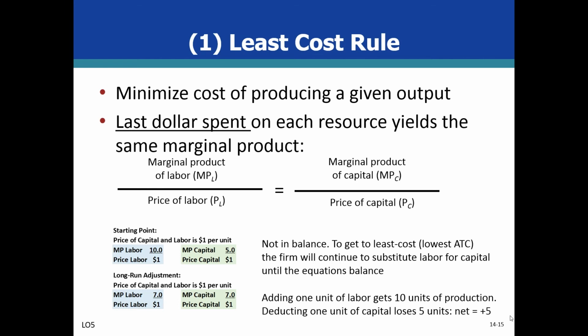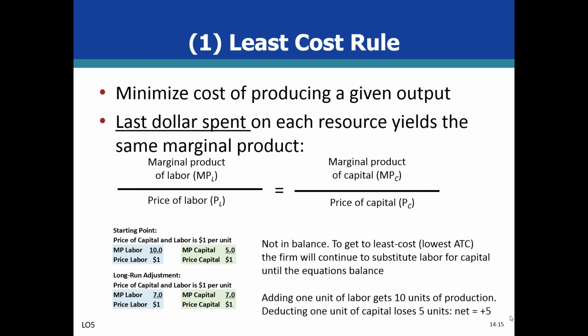Remember, let's take a time out here. The marginal product curves for each have diminishing returns with additions, and they have increases with subtractions. So as we add more labor, we will diminish the marginal product of labor from 10 to 7 in the long run adjustment. And as we diminish capital, we will increase the marginal product of capital from 5 to 7.